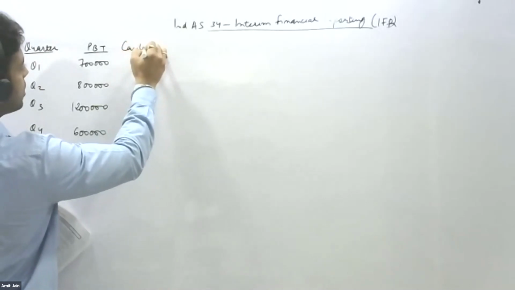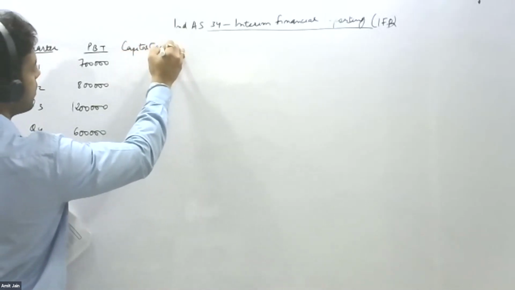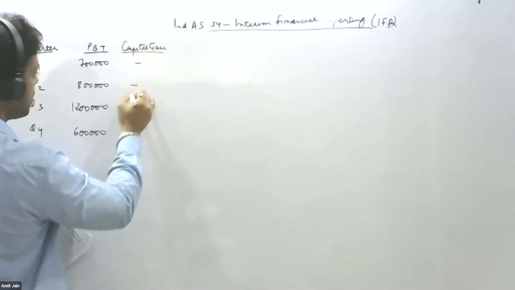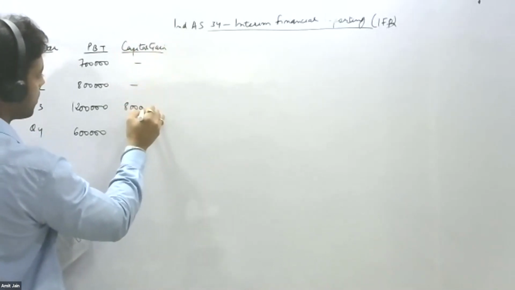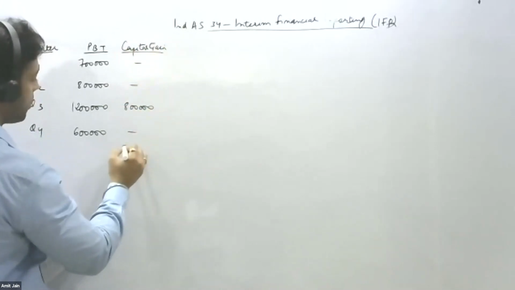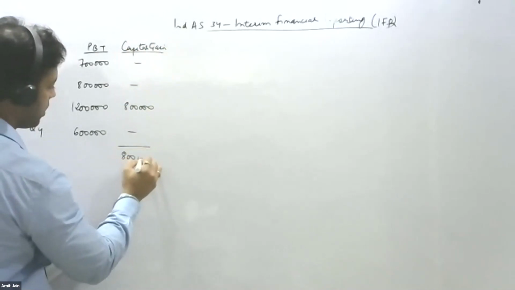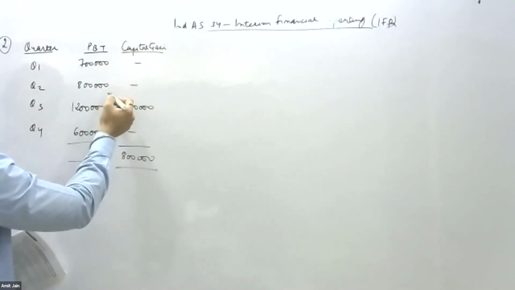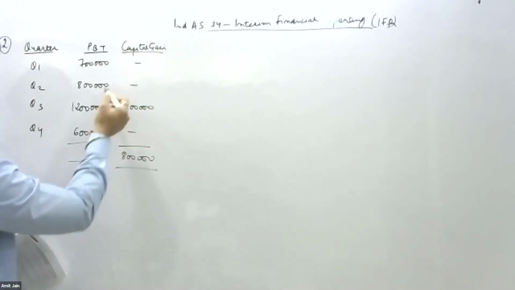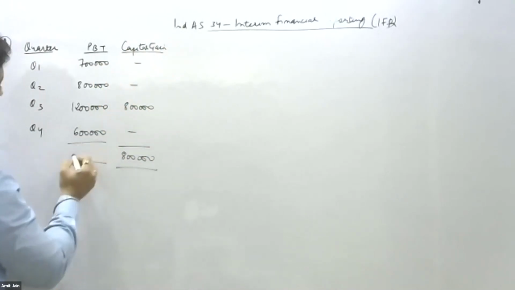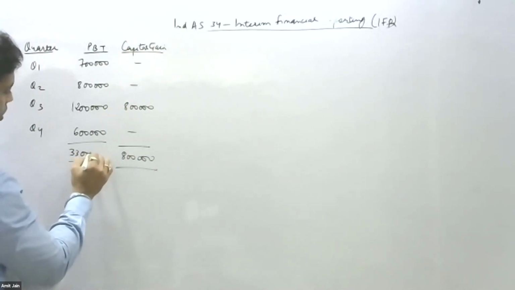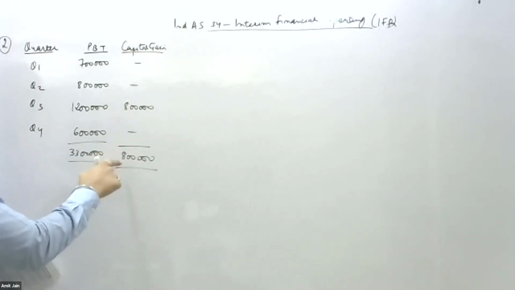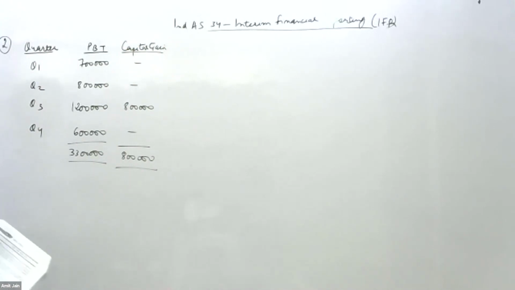So this is capital gain. This is 0, this is 0, this is 8 lakh rupees. This is 0, right? This is 8 lakh. And the total is 7, 15, 27 and 33 lakhs, right? Total amount is this, which is inclusive of 8 lakh rupees.